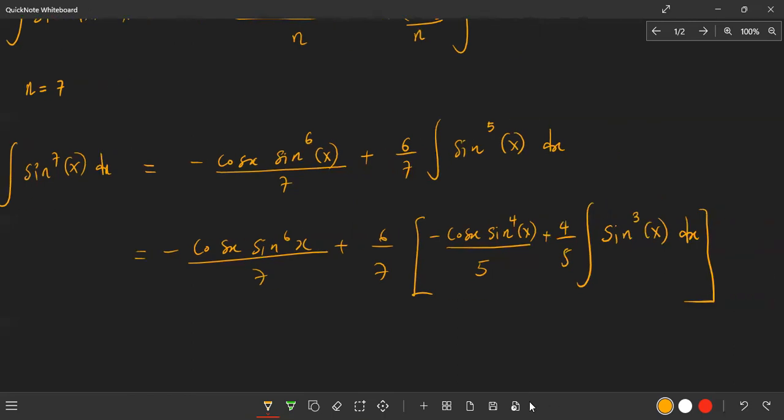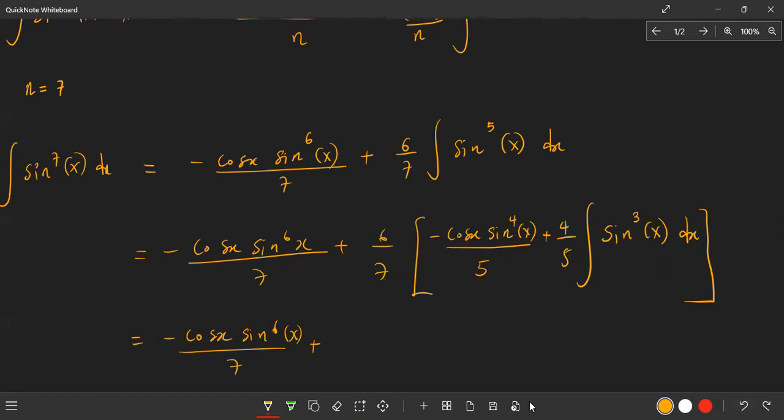So what do we get here? We have negative cos x sine to the power 6 x over 7 plus 6 over 7 times that.